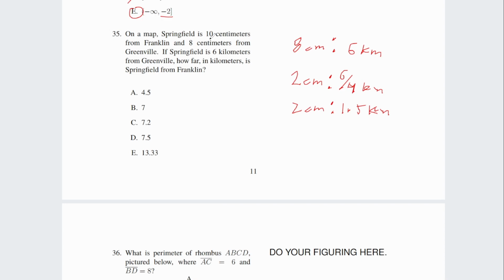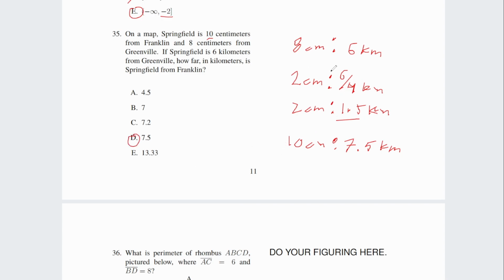Which means that 10 centimeters is going to be 5 times 1.5 kilometers, or 7.5 kilometers. 7.5 kilometers is our answer.